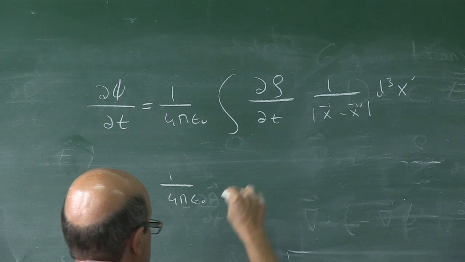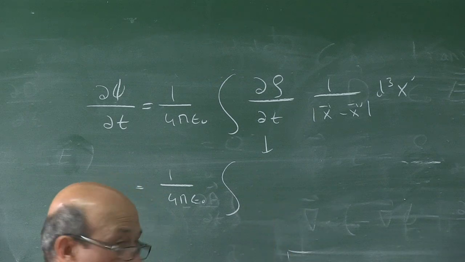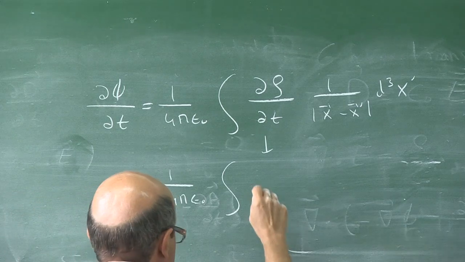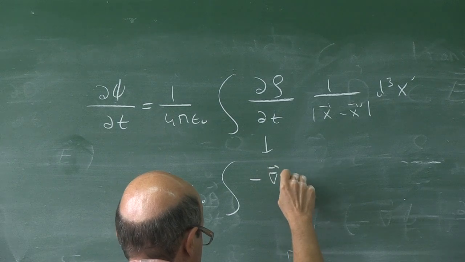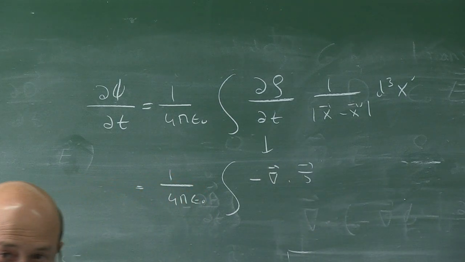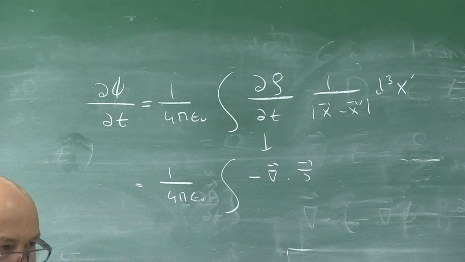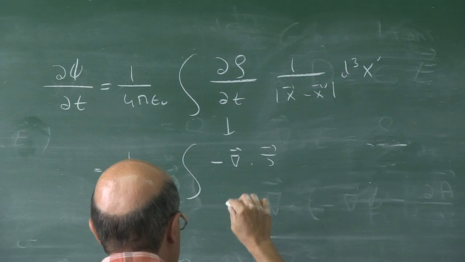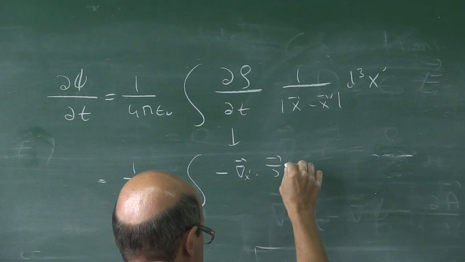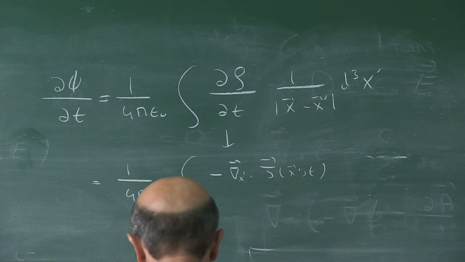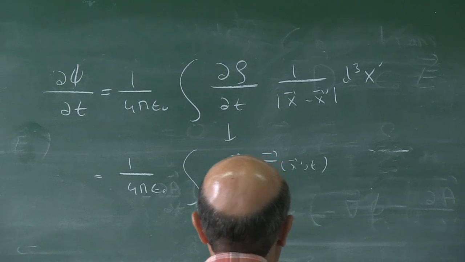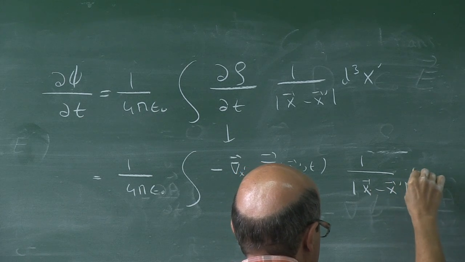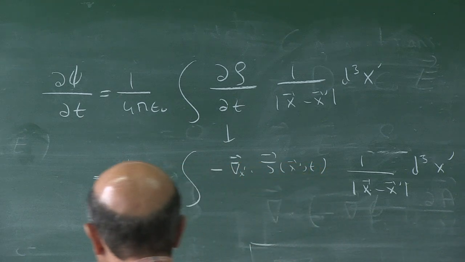Using the continuity equation, you can write what? Del rho over del t is minus divergence of J. Both divergence and J depend on the what? Primes. Okay, because the source was depending on prime. So maybe I should put a prime here, and let me say J of x prime, t, times 1 over x minus x prime, d cube x prime.